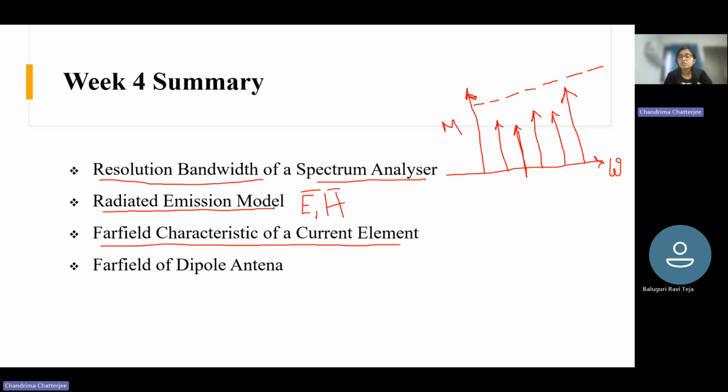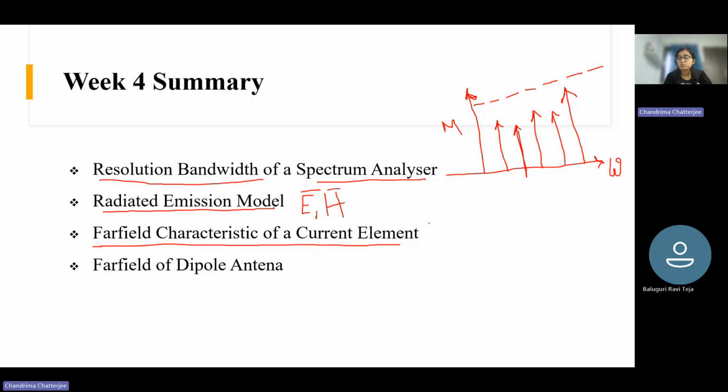Then far field characteristic. Why far field? Because as we are talking about radiated EMI, we will have to calculate what the electric field and the magnetic field are at a far distance, when the distance is significant. What is the distance?